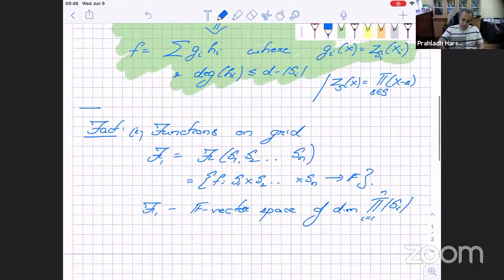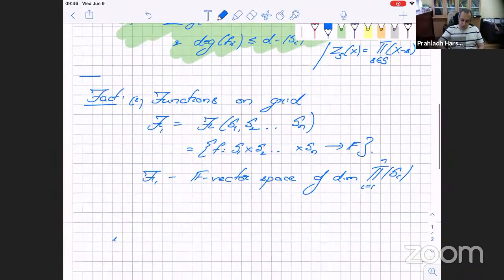And then we defined polynomials with bounded individual degree.